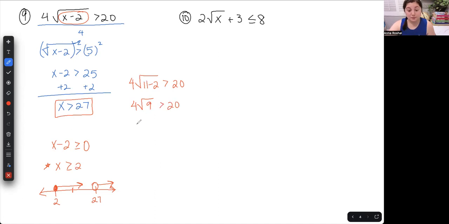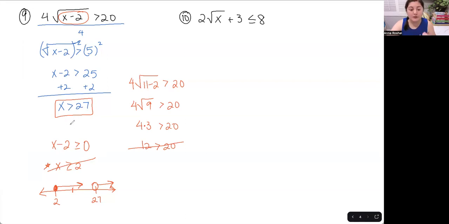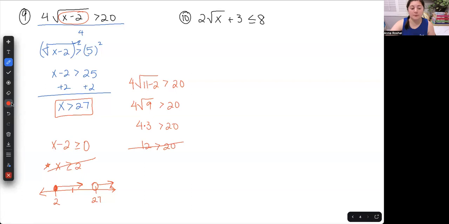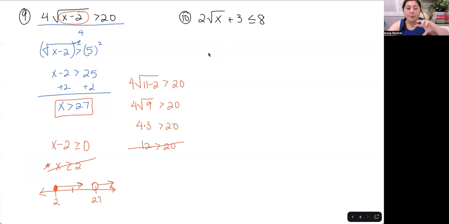Root 9 is 3, so 4 times 3 is greater than 20. 12, in fact, is not greater than 20. Since that doesn't work, this portion of the solution will not work, and only x is greater than 27 will be the only part of the solution that does work. Okay. Let's take a look at what happens when you have more than one piece of a solution that will work.